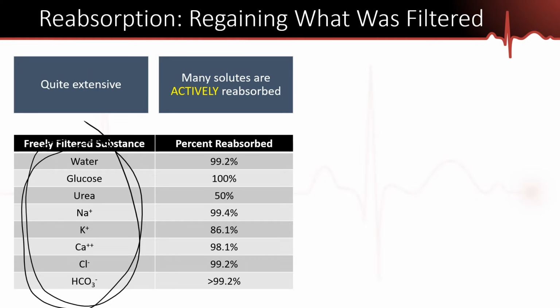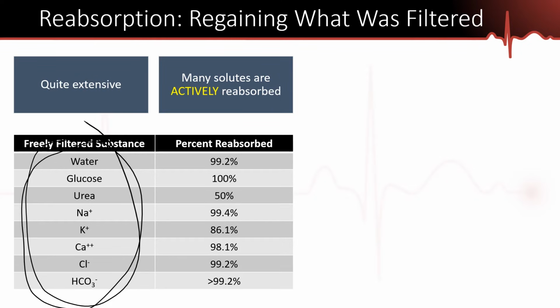And some of them, the way that it's accomplished is incredibly sophisticated, and it happens at different levels of the nephron, and sometimes they'll move in opposite directions, meaning that sometimes it'll go from the nephron into the bloodstream, and then sometimes it'll go back and then back again. It's very complicated and requires an extensive amount of discussion and lecturing to get through in reality.